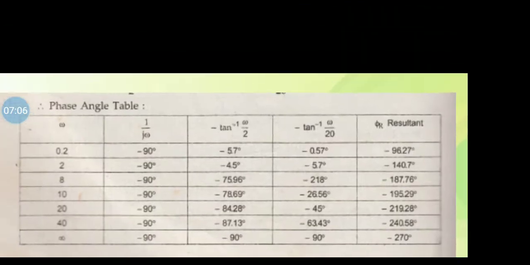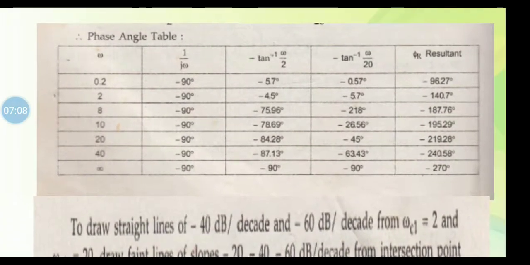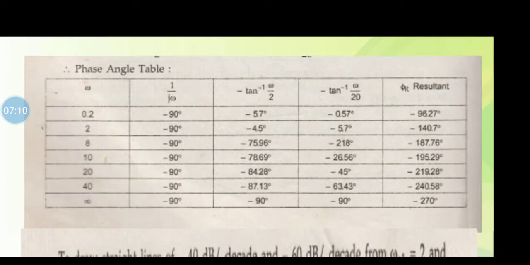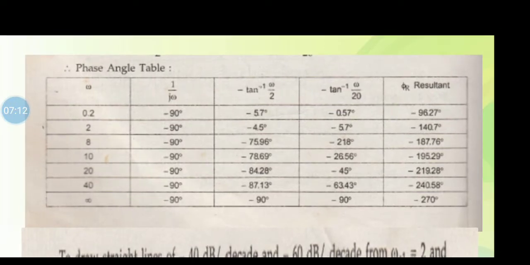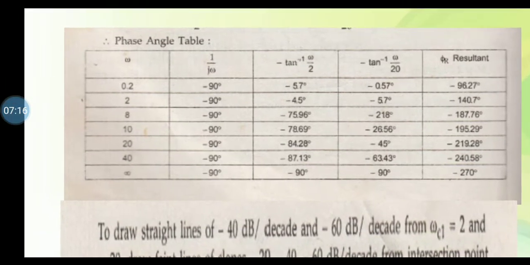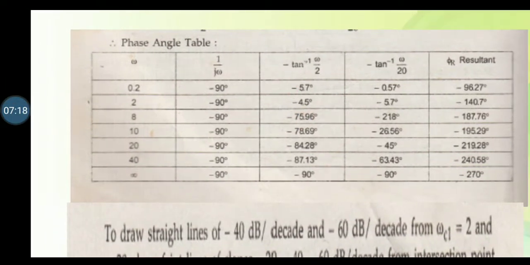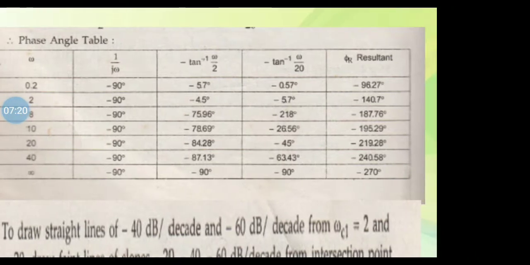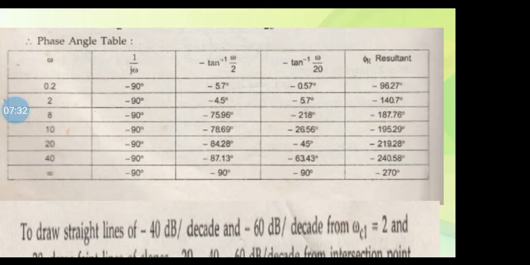Then we have to go for the phase angle table. We are going to take omega ranging from 0.2, 2, 8, 10, 20, 40, infinity. Then 1 by j omega is always minus 90 degrees. So all columns under 1 by j omega will be minus 90. Next, minus tan inverse omega by 2.